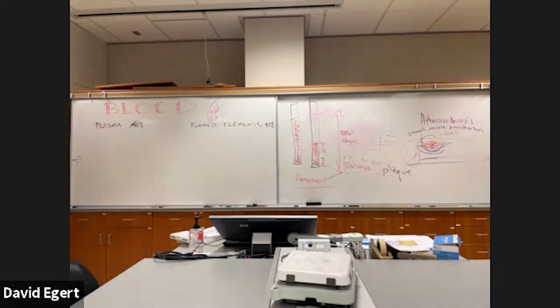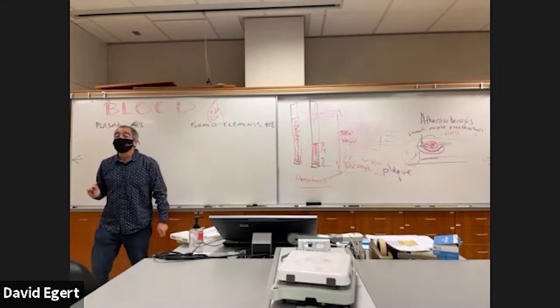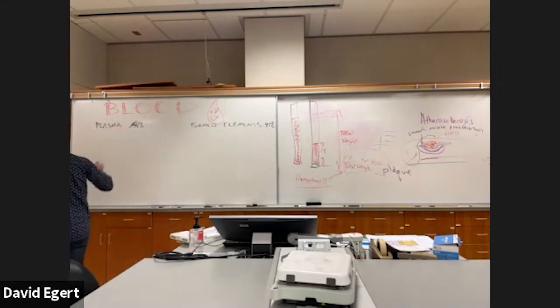Let's talk a bit more about plasma. Plasma is mainly water. I'd say about 92% water. Then there's a bunch of dissolved stuff in it, like nutrients and waste.